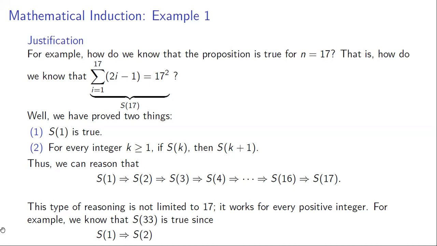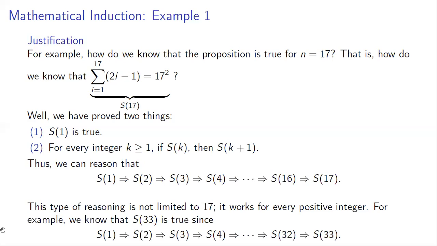If S of 2 is true, then S of 3 must be true. If S of 3 is true, then S of 4 has to be true, all the way through S of 32. If S of 32 is true, then S of 33 has to be true. And of course, that's not limited to 33. This type of reasoning works for every integer that is greater than or equal to 1. It works for every positive integer. So that's the justification behind mathematical induction.